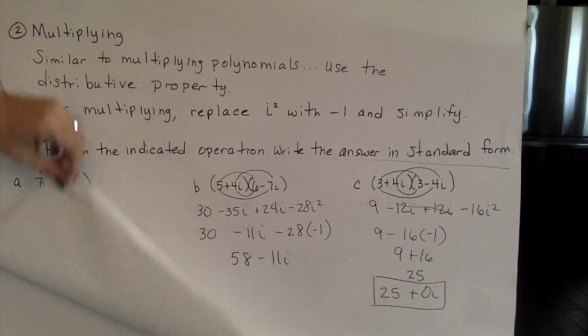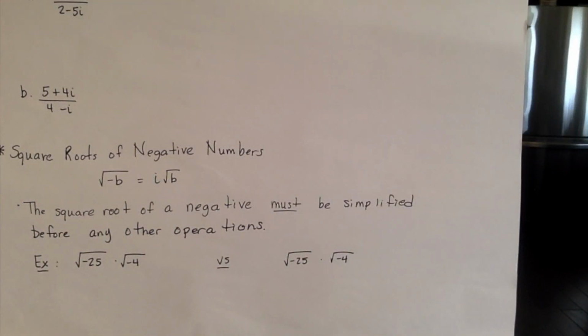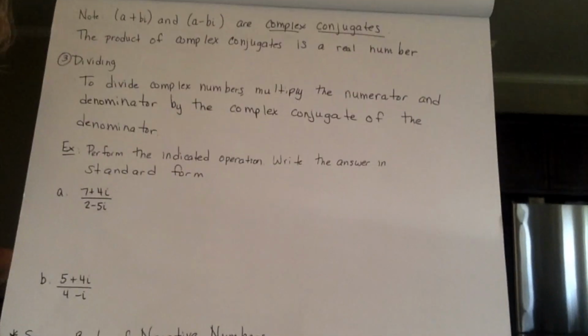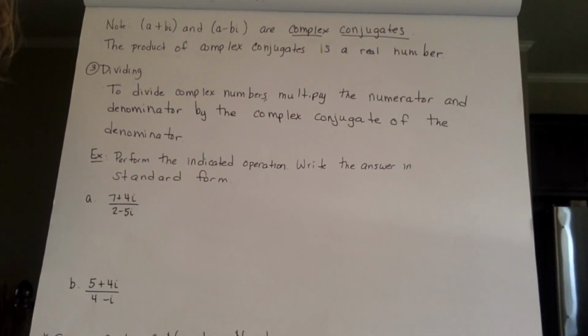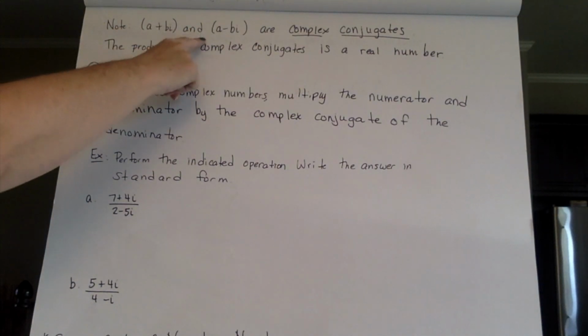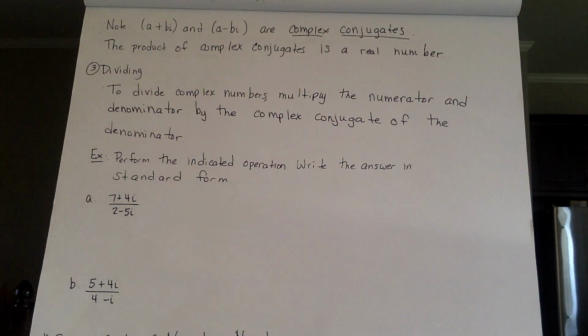In fact, what we'll find is up here at the top, a plus bi and a minus bi are called complex conjugates. We've talked a lot about conjugates, multiplying conjugates, factoring the difference of squares into conjugates. When we have a plus bi and a minus bi, they're called complex conjugates.